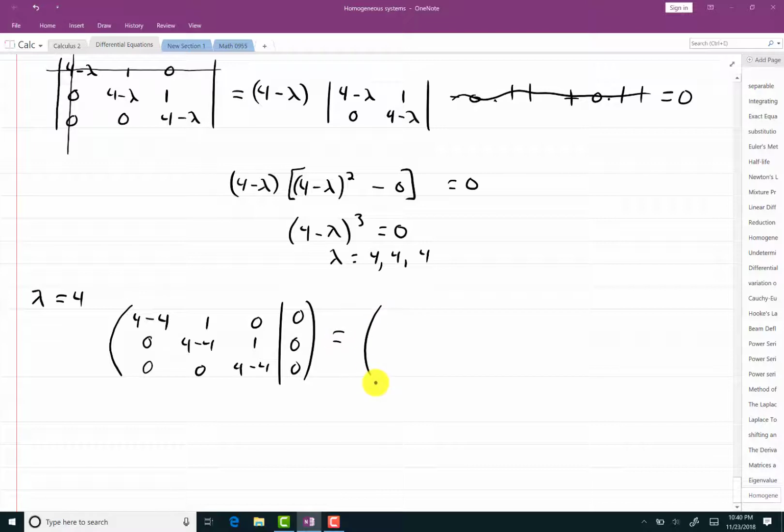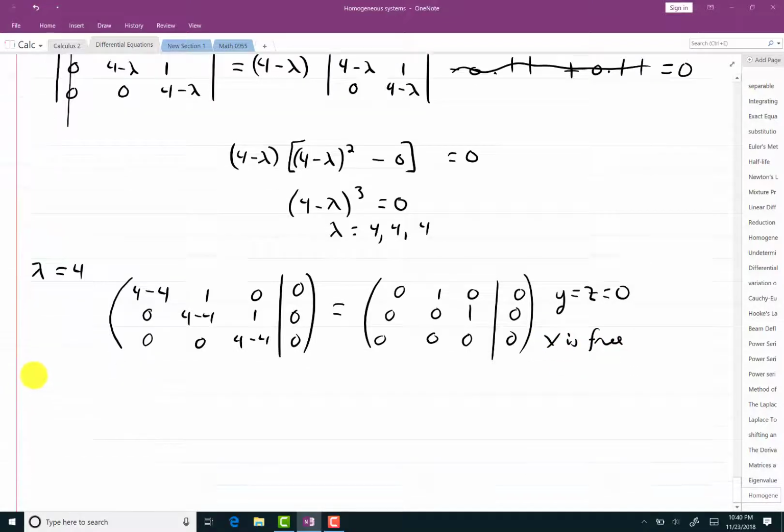And that equals 0, 1, 0, 0, 0, 1, 0, 0, 0. So immediately you can see right now that y has to equal 0 and z has to equal 0. But x is not listed anywhere, so x can be anything. We call x free. That's the terminology that's used.